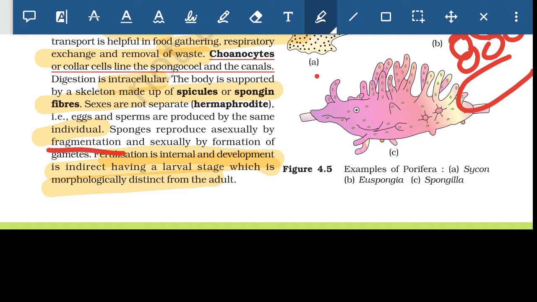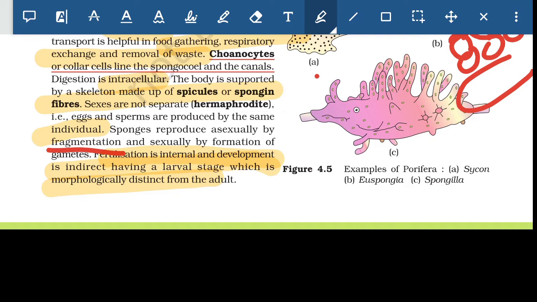Fertilization is internal, that means it takes place inside the body of the organism. Development is indirect, that means a larval stage is present. That means if an organism reproduces, fertilization occurs and the zygote is formed, and then an individual comes out of the egg. That individual is not very similar to the adult individual. It's very different, a larval form.